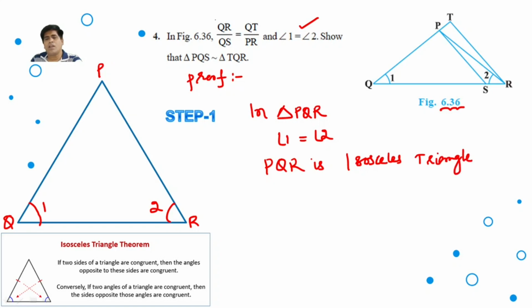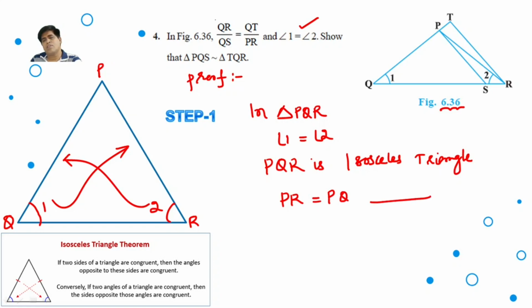What is the property of an isosceles triangle? Not only are two angles equal, two sides are also equal. Which two sides? The side opposite angle 1 is PR, and the side opposite angle 2 is PQ. These two sides are equal. I am writing the same here: PR is equal to PQ.